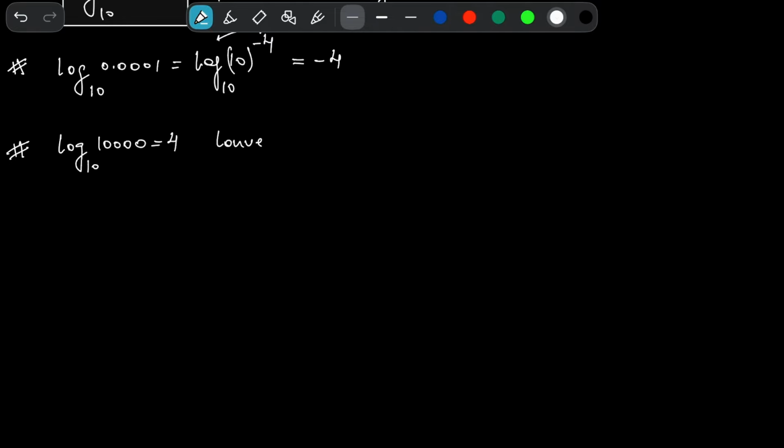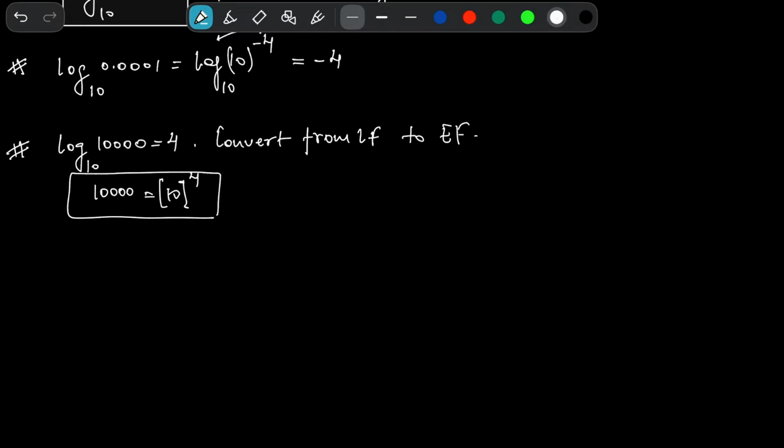Convert from logarithmic form to exponential form. So I will write base as 10 and the answer given to us as power, and this gives you 10,000. So here I have converted this question to exponential form.